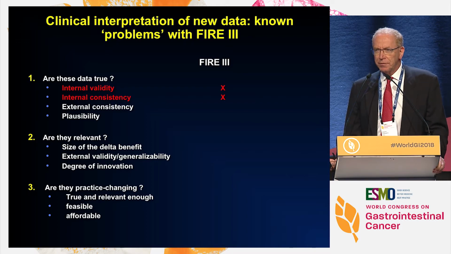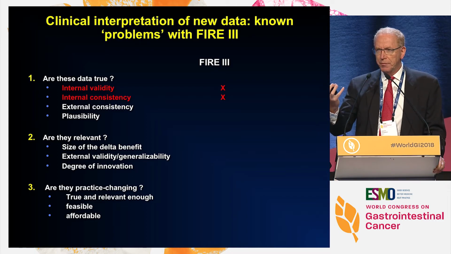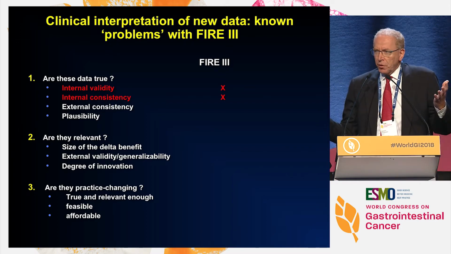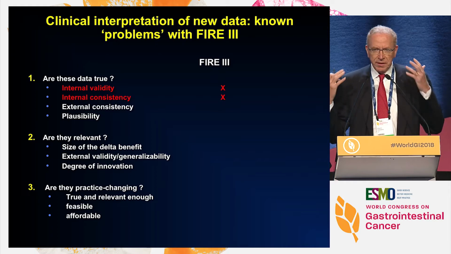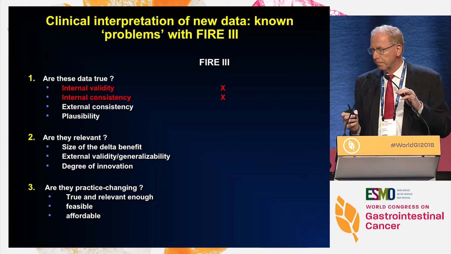However, the trial had two problems. First, it showed a difference in survival and no difference in PFS and no difference in overall response rate. Well, there is nothing to be done about it, okay? You have to interpret the results anyway.